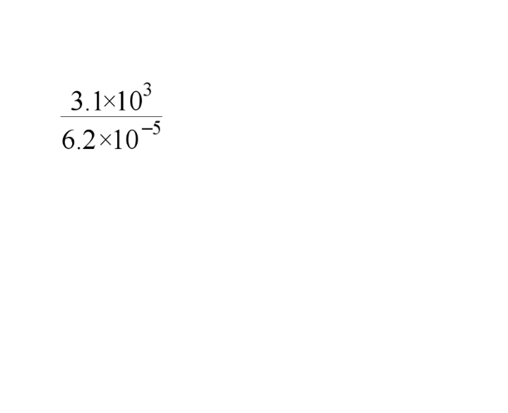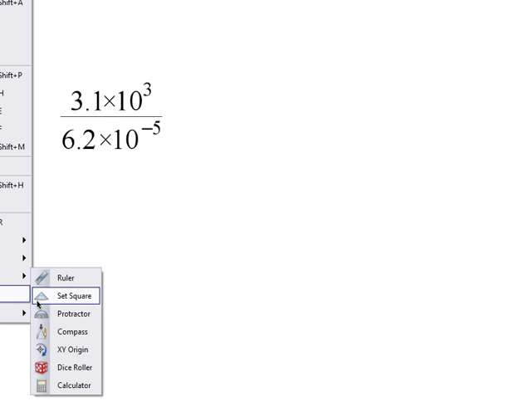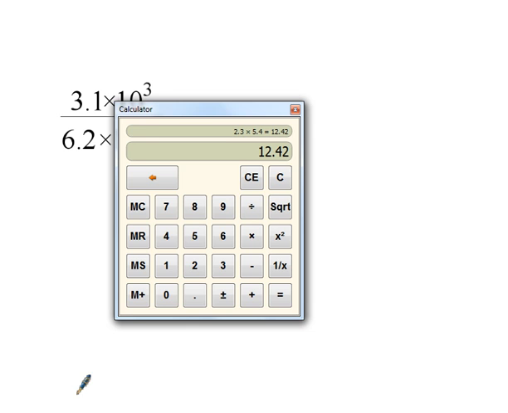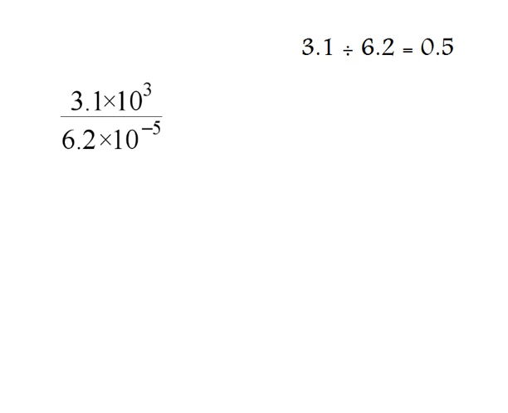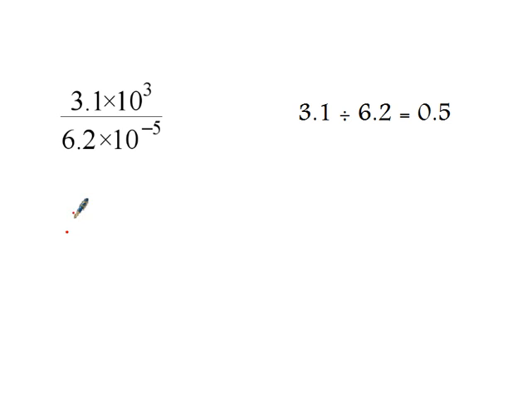Let's do our division. 3.1 times 10 to the 3rd divided by 6.2 times 10 to the negative 5th. When I pull out my calculator and I go 3.1 divided by 6.2, I get 0.5.